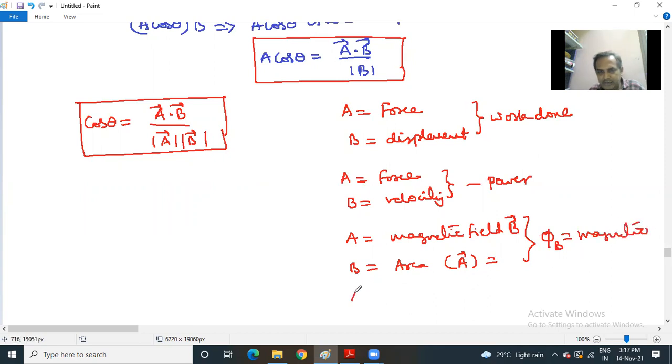In the case of A, you can expect electric field, and in place of B, you can expect area once again. The electric field is represented as E, and this dot A gives electric flux.